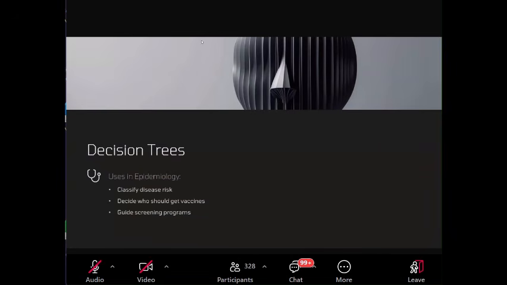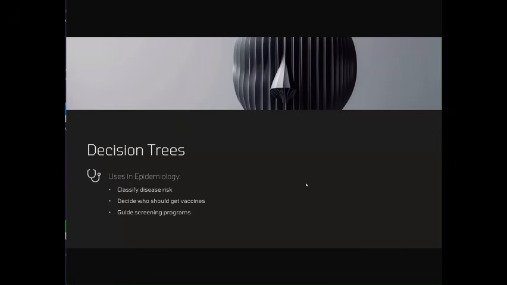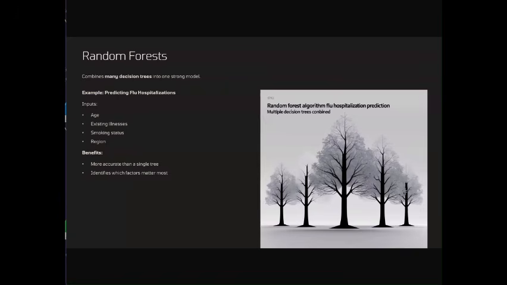Sorry, we have to be wrapping up. I've kept you so much. So decision trees in epidemiology, like I've shown you examples, we use it to classify disease, decide who gets a vaccine, who doesn't get a vaccine, and guide the screening process. Now, the random forest is more like bringing so many decision trees together.